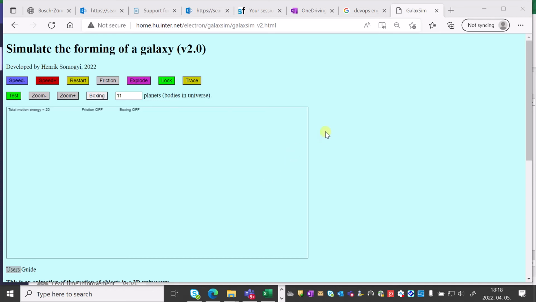Hello folks, this is a small demonstration of a simple simulation of how planets move in space. The simplest way is to check out how it does the test.